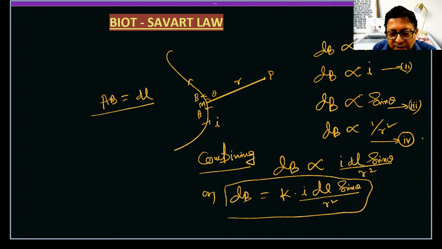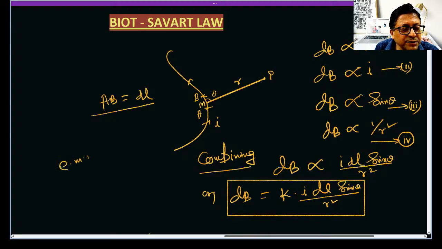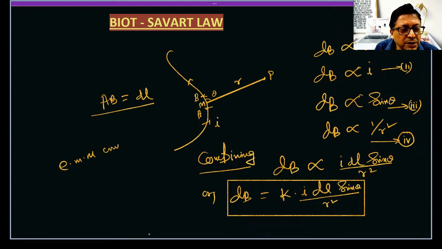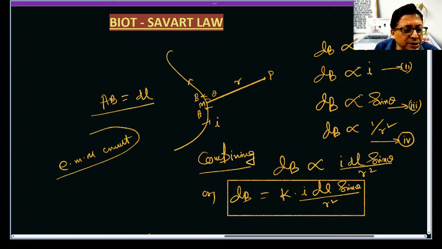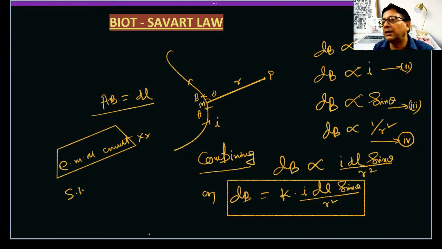This k can be expressed in terms of the electromagnetic unit of current, but we will not do it. It is obsolete nowadays. No one defines the electromagnetic unit of current. We will define the SI unit only, that is in terms of the current ampere.